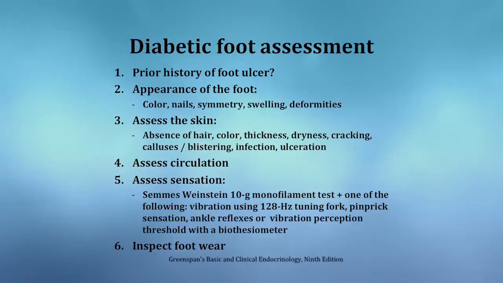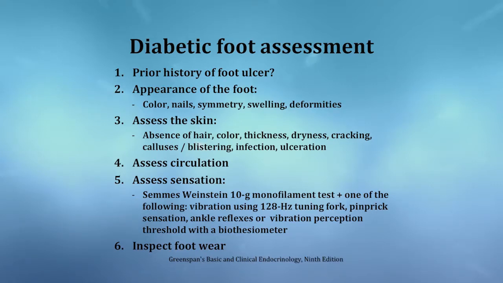You have to assess his circulation, and you assess his sensation by a 10-gram monofilament test at every visit. It's important to check that before your patient goes into full diabetic neuropathy and loses total sensation.